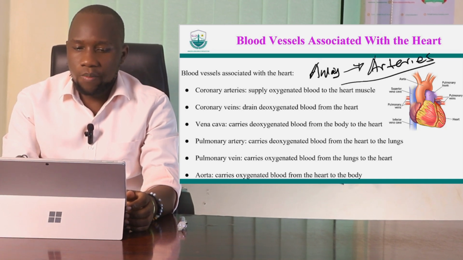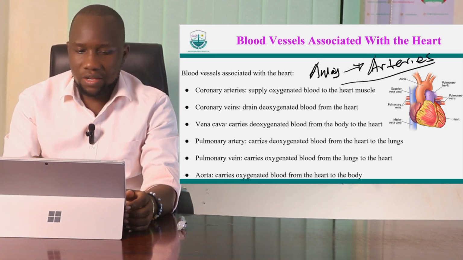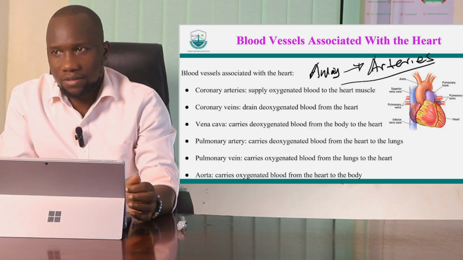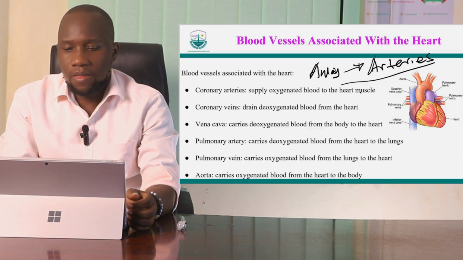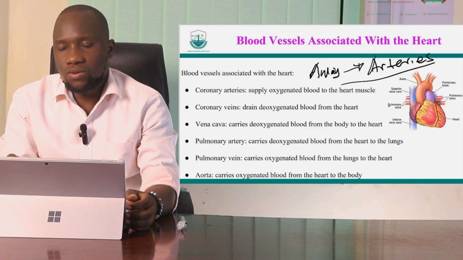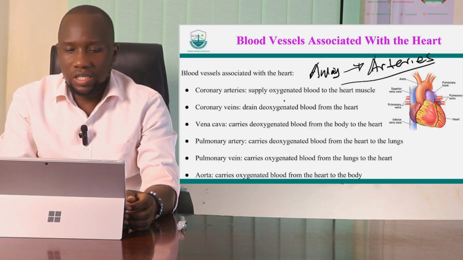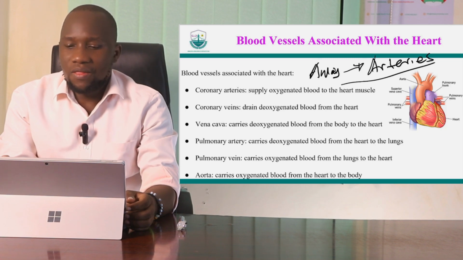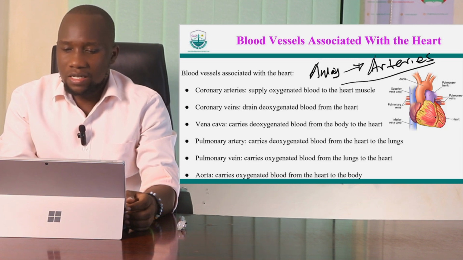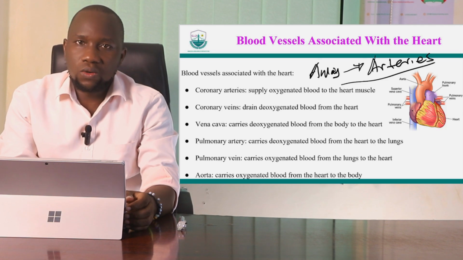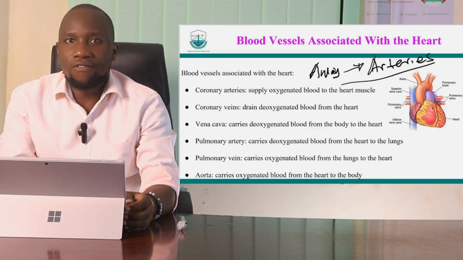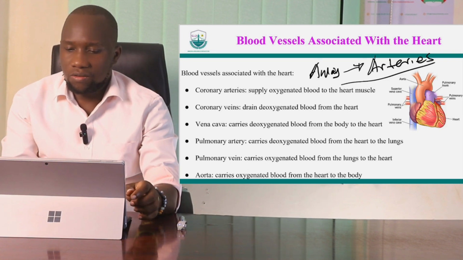So the coronary arteries take blood to the heart. The heart muscle receives oxygenated blood from the coronary arteries, and then the blood vessels that take away the deoxygenated blood are the coronary veins. They run close together.